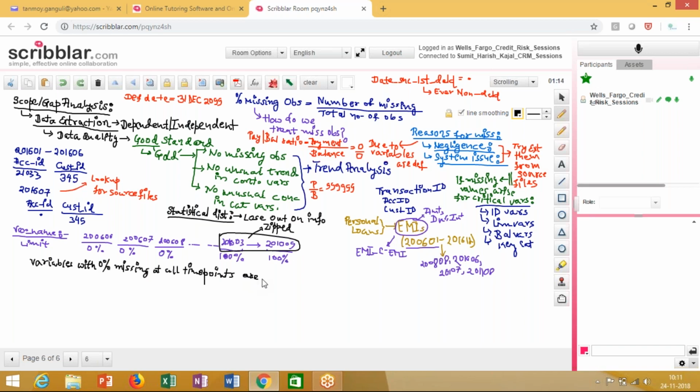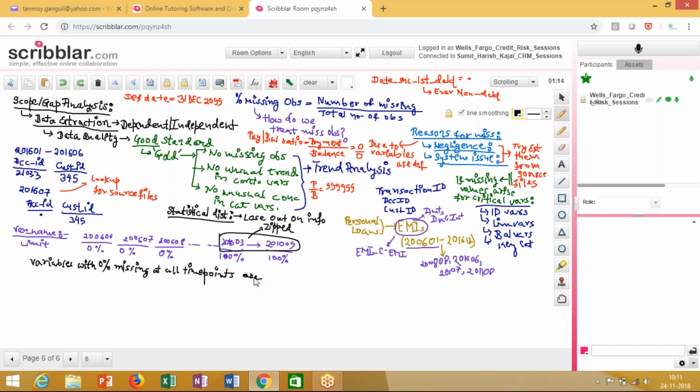Now, obviously, the caveat is that if critical variables have missing observations, then they are verified and checked, and it is ensured that they have 0% missing values, and then they proceed into the next stage.